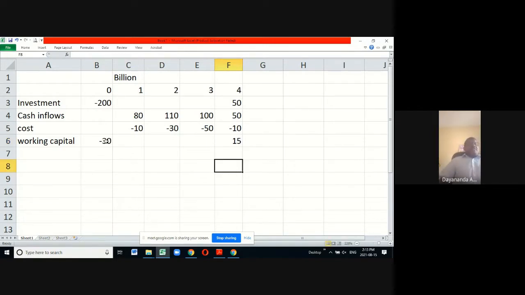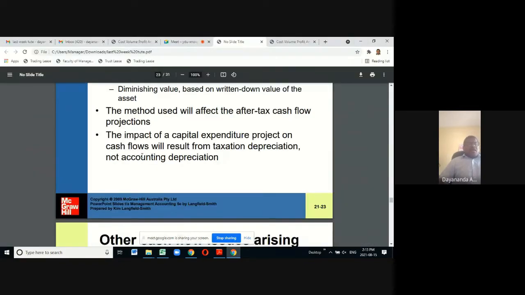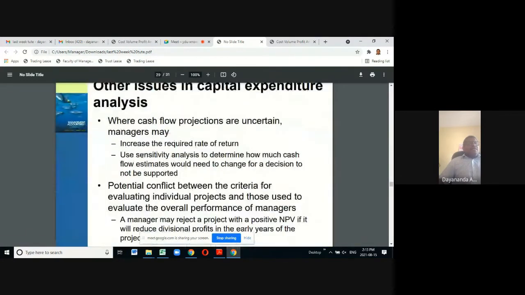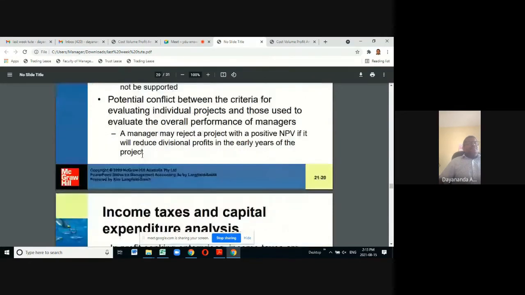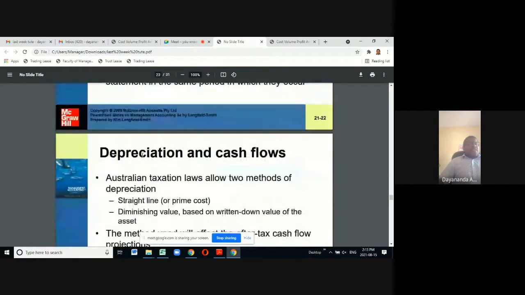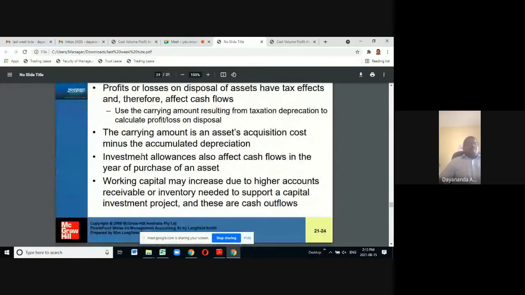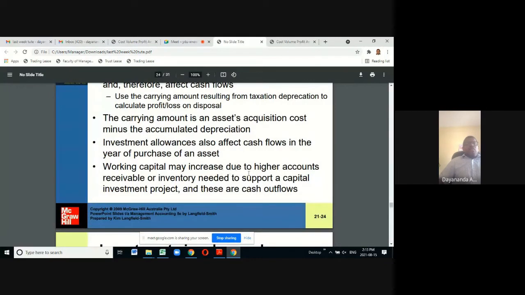So I think we discussed this one in our discussion. If I go back to that slide again, can you remember, somewhere here, we discussed working capital, not after tax item, depreciation. Here. Working capital may increase due to higher accounts receivable and inventory needs that support capital investment projects, and these are cash outflows.